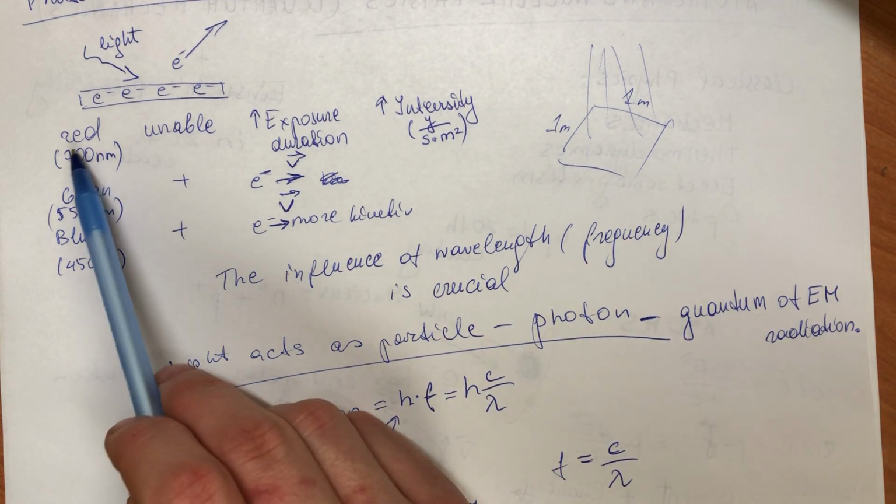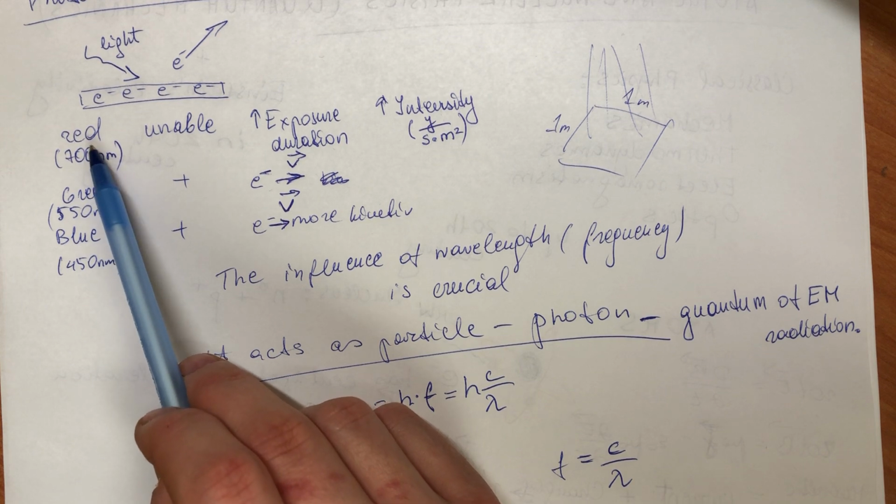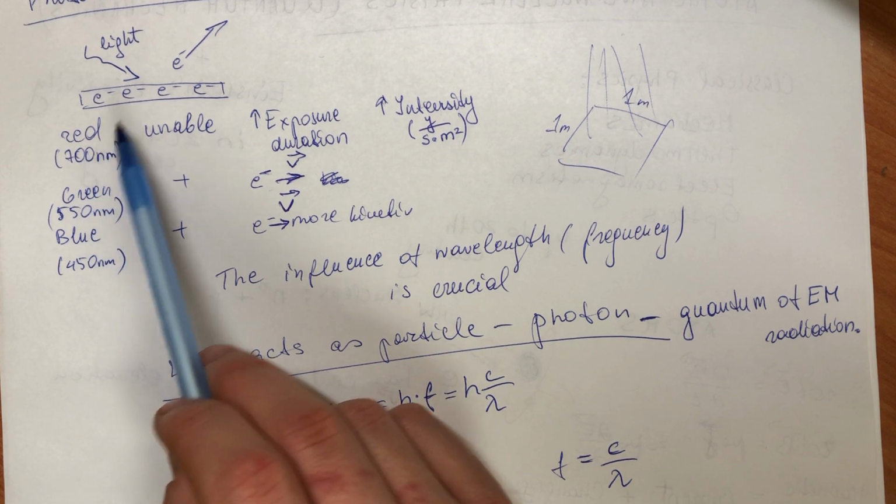And here red photons, multiple photons with less energy, do not produce photoelectrons.